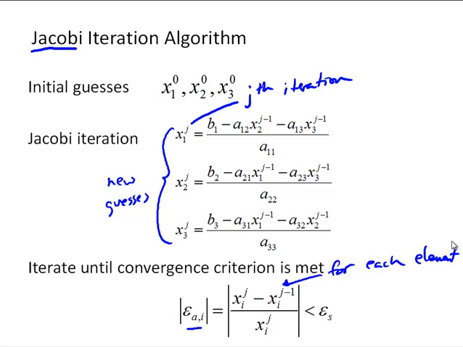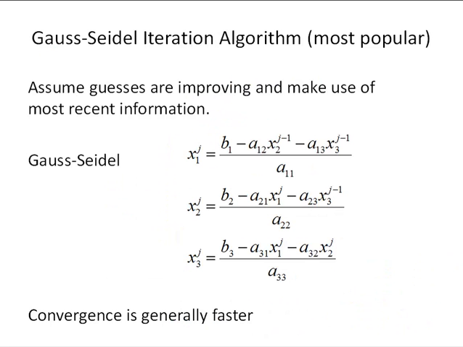And we'll keep going until all of these EA values satisfy the stopping criterion epsilon s. And it's really that simple. So that is the Jacobi iteration algorithm, basically to keep solving for new x values until they stop changing. So let's look at a slight improvement to that algorithm called Gauss-Seidel.